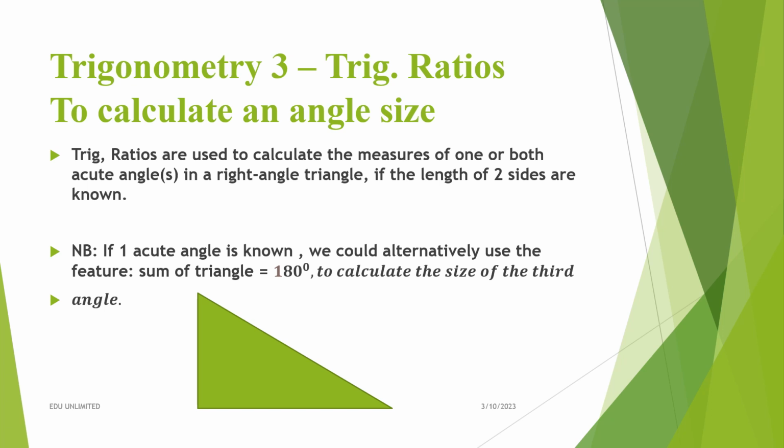For example, let us label this triangle. That's the right angle. This is the size of angle A. Let us call this vertex A, and then this vertex C, and then this vertex B. The length of this side, the hypotenuse, let us call it 12.